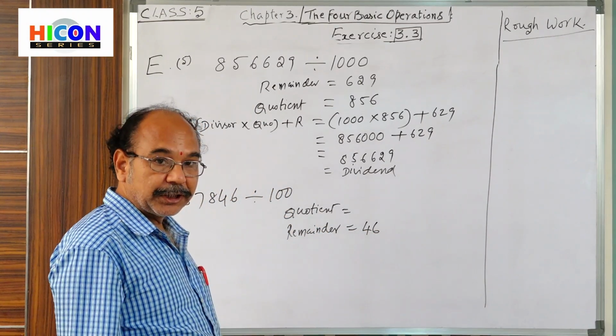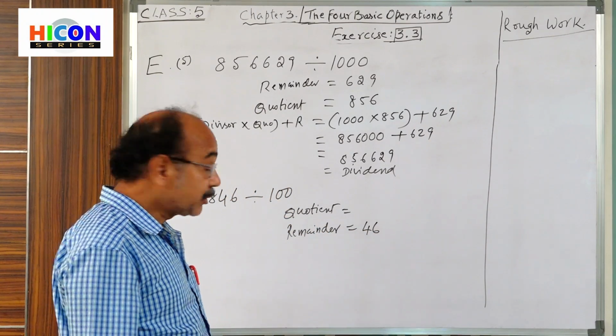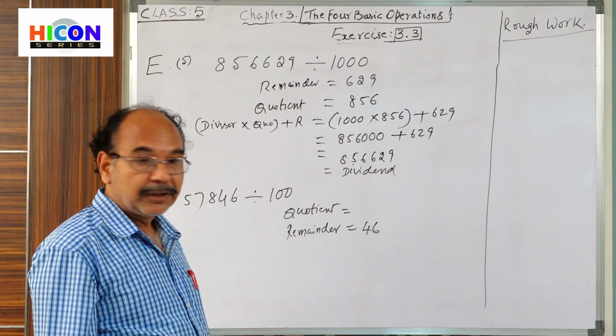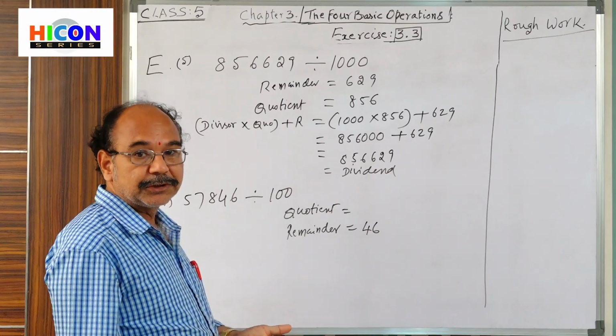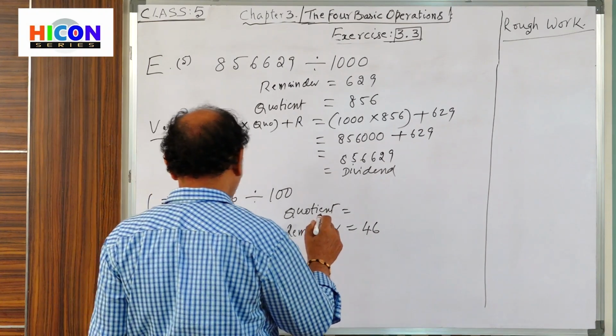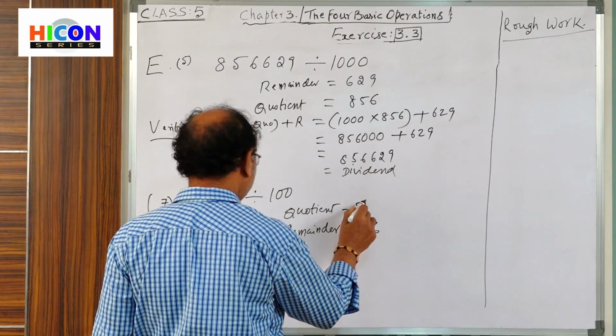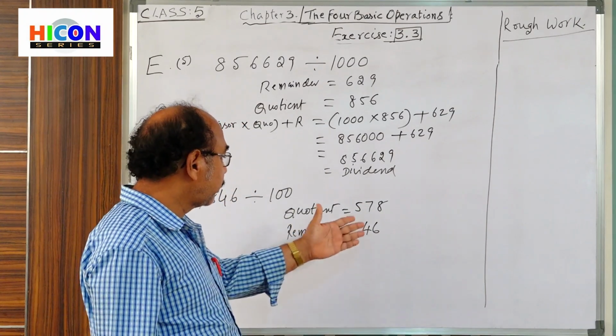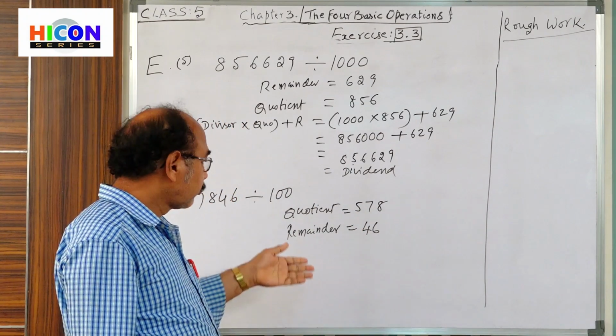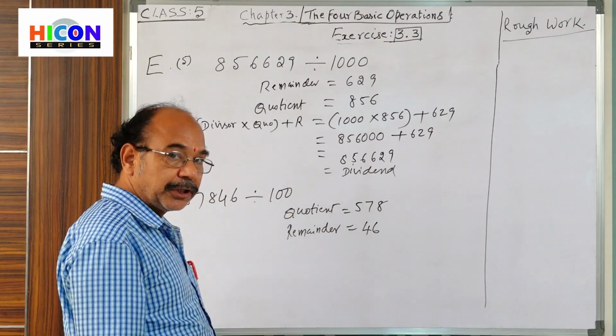What is the quotient? The rest of the remaining digits. Rest means remaining. What are the remaining digits? 5, 7, 8. So we take these remaining digits 5, 7, 8. 578 is the quotient. 46 is the remainder. Check your answer.